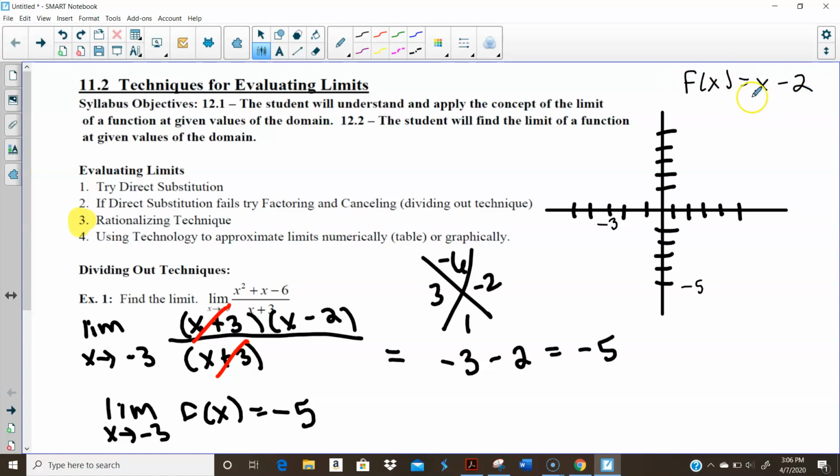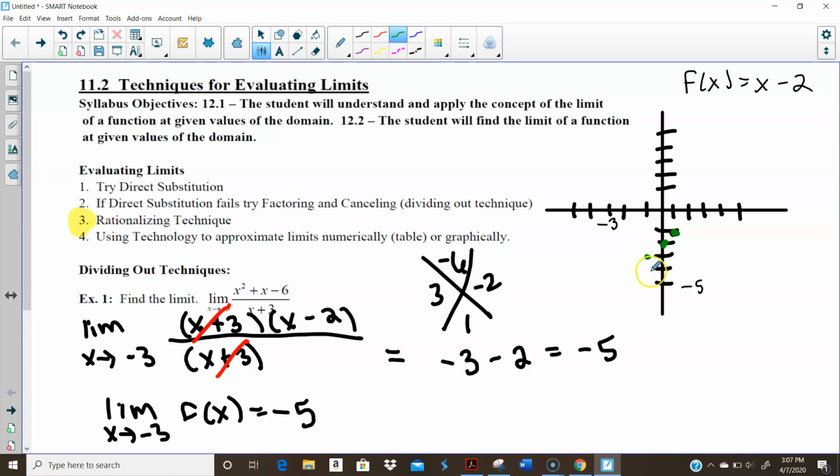To graph this, it's linear, so we'll start at negative 2, and then it's rise over run. So rise 1, run 1. Maybe I'll use a different color so you can see this a little better. So you're at negative 2, rise 1, run 1, or you could go down 1 to the left 1. And when x is negative 1, we're down here at negative 3.